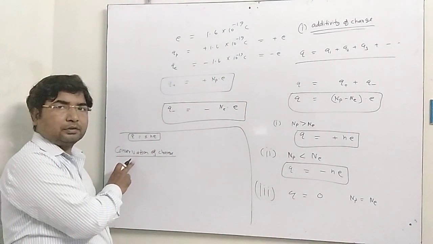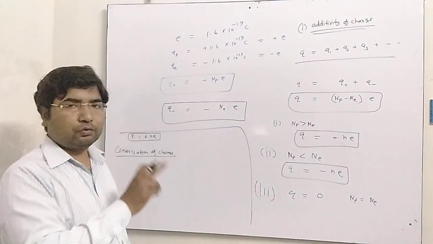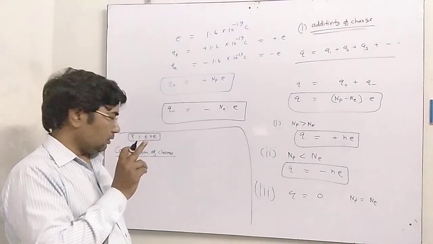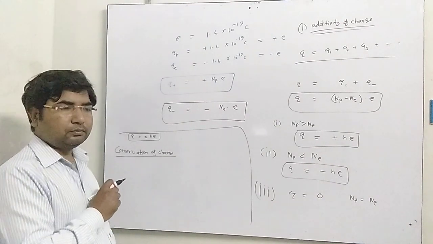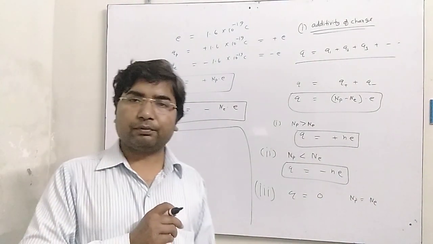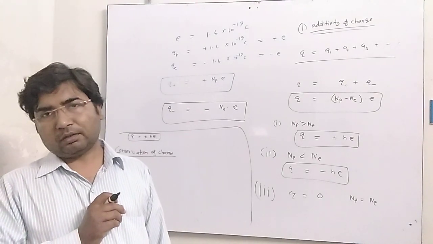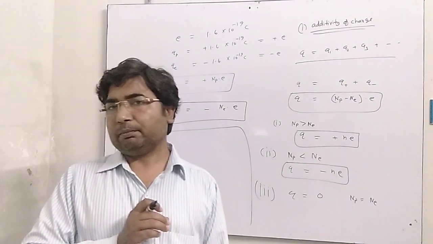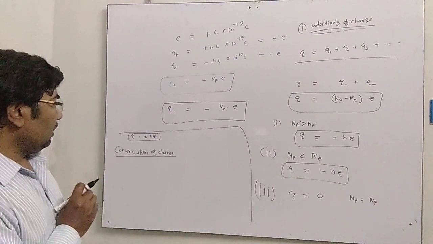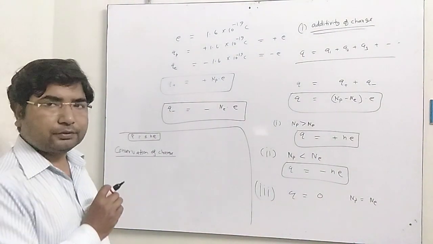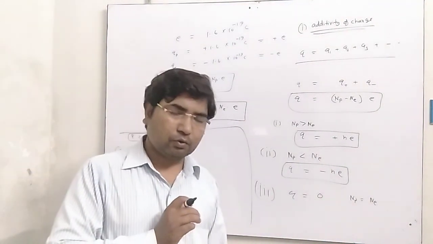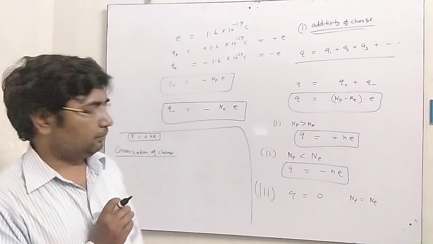Conservation of charge is used for isolated system. Actually, the total amount of charge of an isolated system does not change with time. That is, the total amount of charge of an isolated system is conserved.